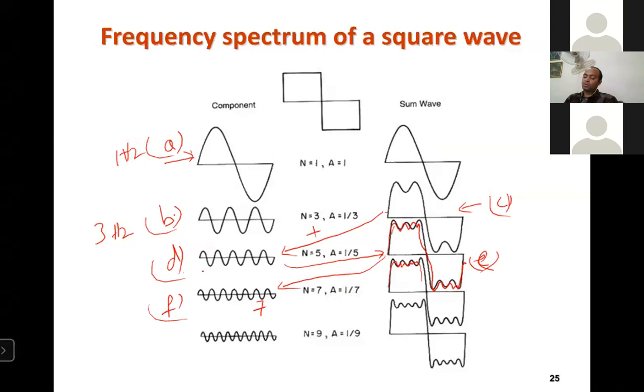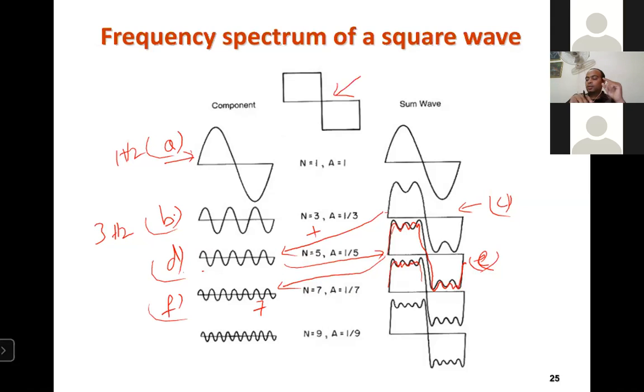Like this, if you go on adding infinite times, at last we'll find it will be completely a square wave. So basically a square wave is nothing but a combination of different sine waves, which are the third harmonic, fifth harmonic, seventh harmonic, ninth harmonic. Like this it will go on, 11th, 13th.